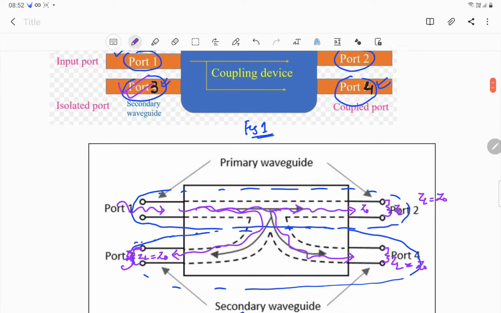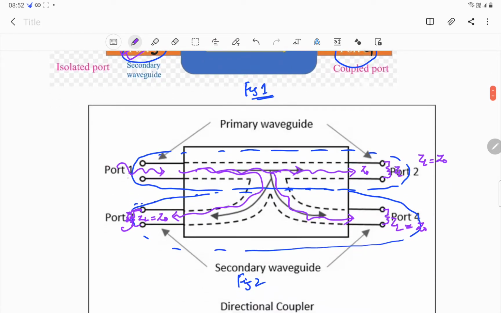So if I feed a signal at port 1, assuming that all these ports are terminated at their characteristic impedances, power flows from port 1 to port 2 freely, and also power gets coupled from port 1 to port 4. This is port 4. And there is no flow of power from port 1 to port 3.